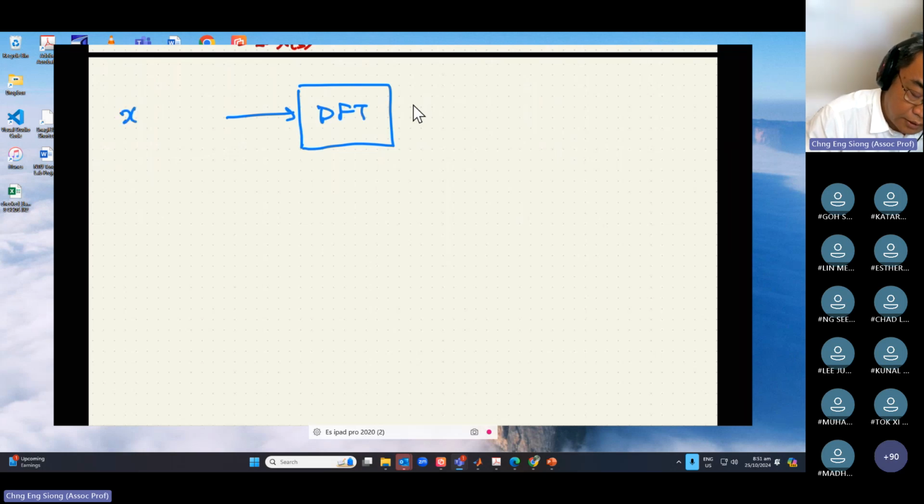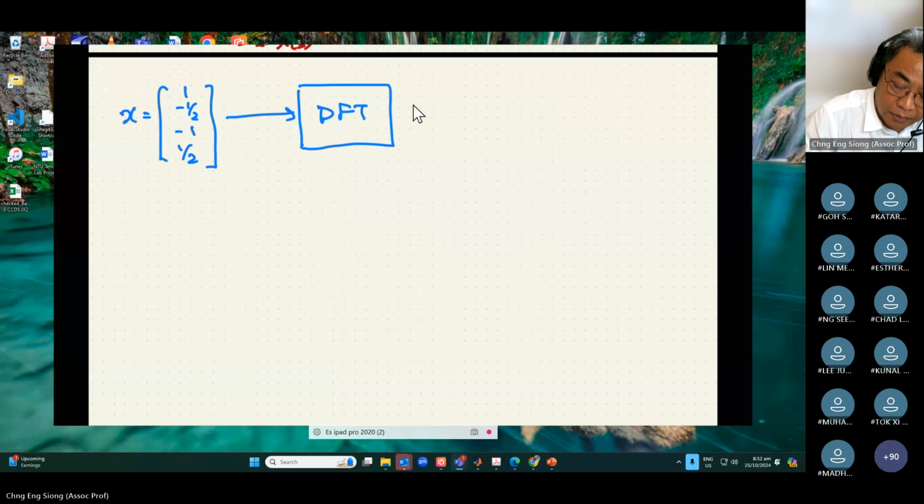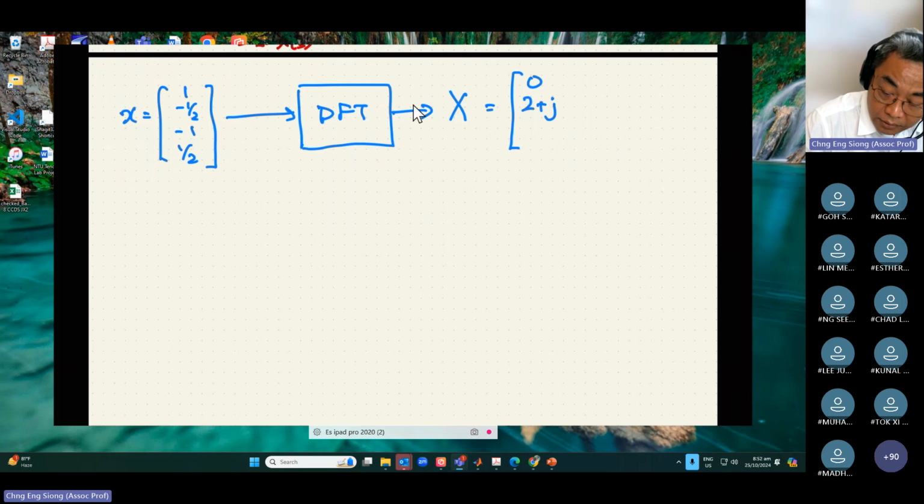This is the x vector, which is 1, minus half, minus 1, and half. And out comes the big X. And then I'll give you the answer now. It is 0, 2 plus j, 0, 2 minus j. This is one representation of it.